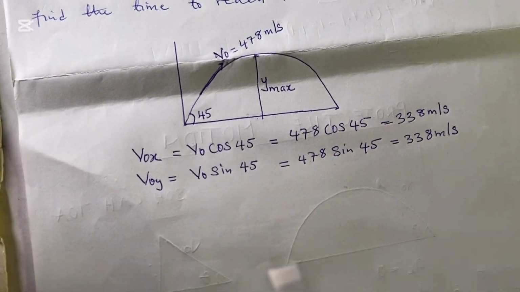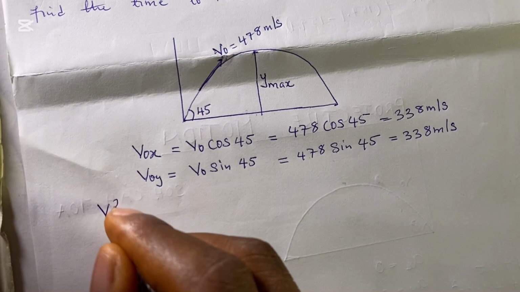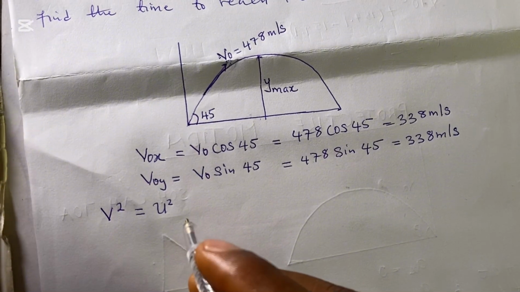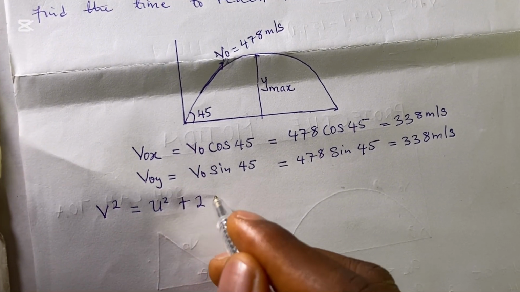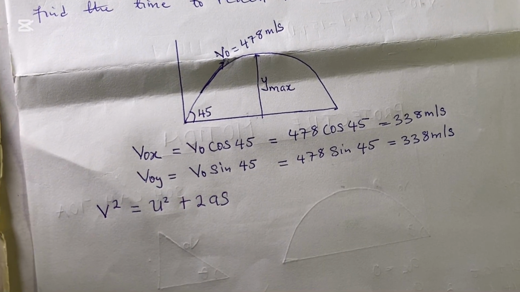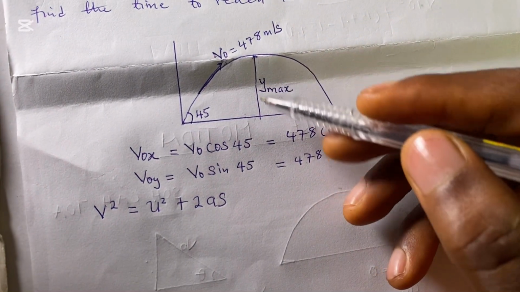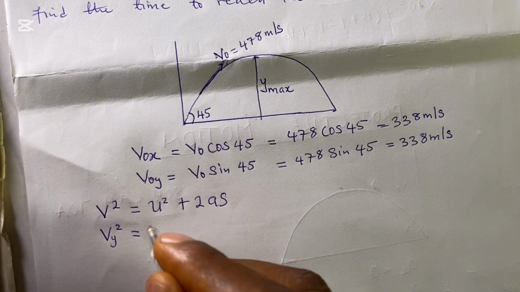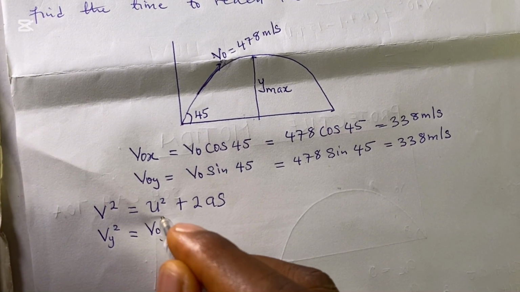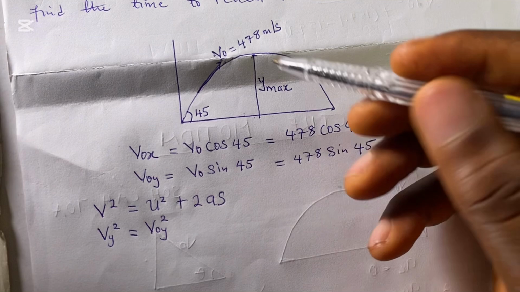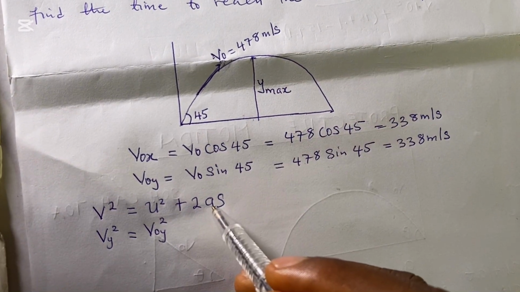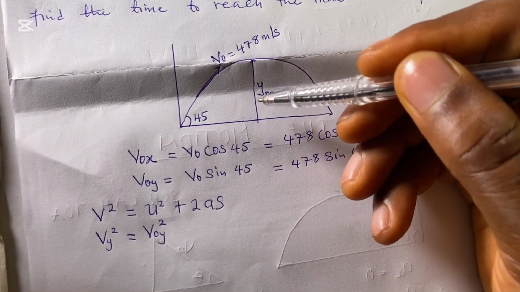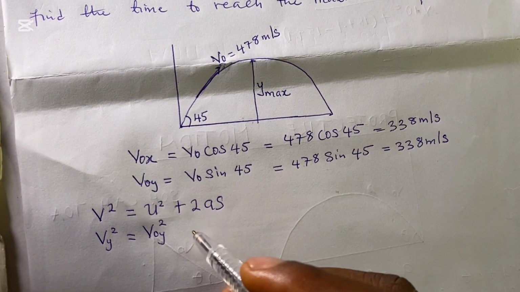Now for the maximum height, if you are using the second equation, which is v squared equals u squared plus 2ax. Now in the vertical direction, this becomes v_y squared equals v naught y squared. Remember, in the vertical direction, the acceleration on the y-axis is negative.